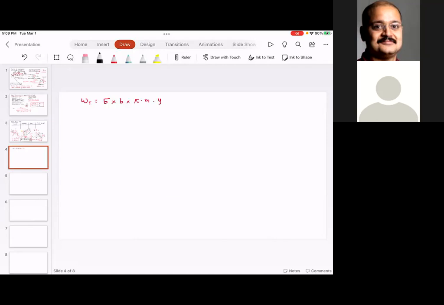And this is called the Lewis form factor. And depending upon the type of tooth, depending upon the pressure angle, this value of y is given to us.